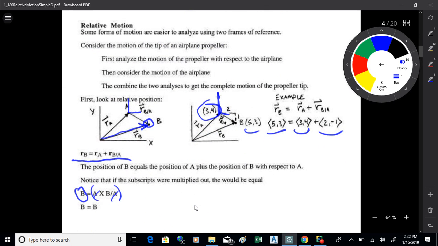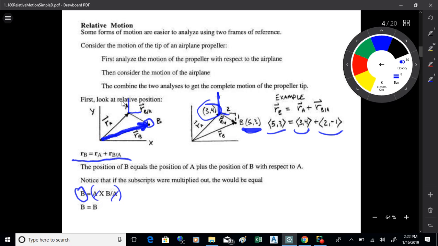All right. Now, this type of relationship holds for position, velocity, and acceleration. It's probably simplest to see it with position. Okay, I can define the location of B with a simple vector with respect to the origin. That would be the position of B. In this case, it's (5, 3), over here.